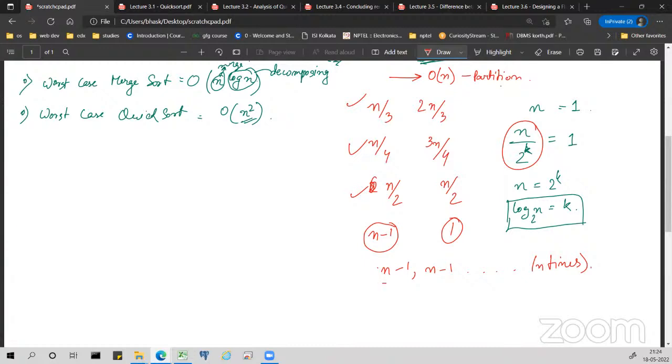So your decomposition over here is for order of n, and your partition algorithm was also taking order of n, right? And that's why here it is actually n into n, that is n square. So the worst case scenario for quicksort is when you have a recurrence of something like this.